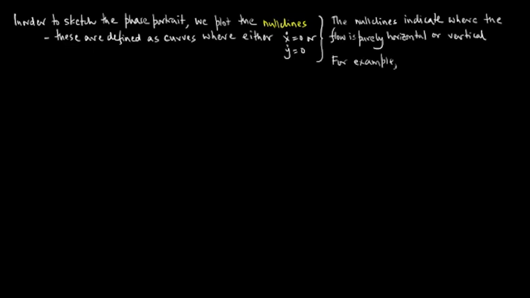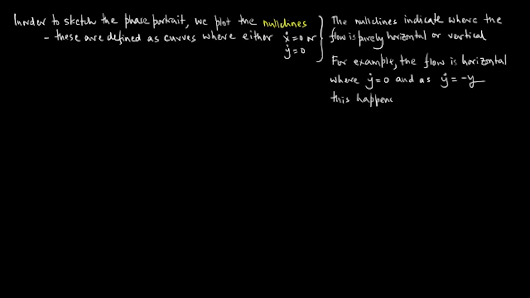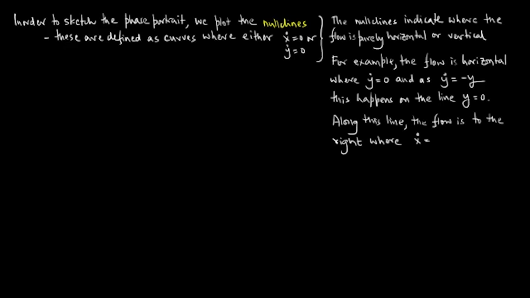For example, the flow is horizontal where y dot is equal to 0, and as y dot is equal to minus y, this happens on the line y is equal to 0. Along this line, the flow is to the right where x dot is equal to x plus 1 is greater than 0, that is where x is greater than minus 1.